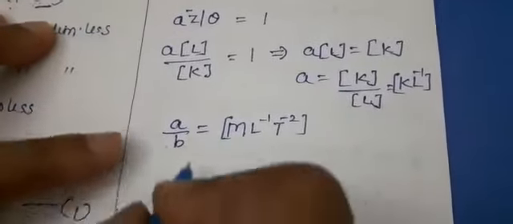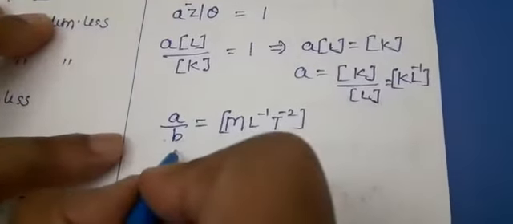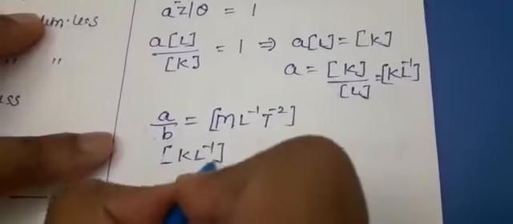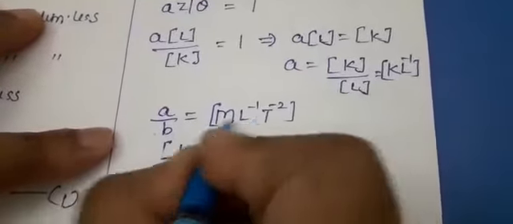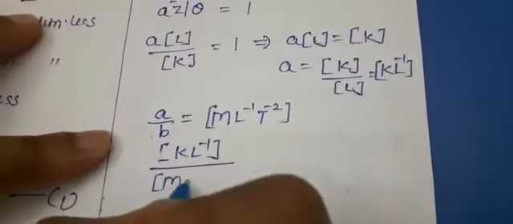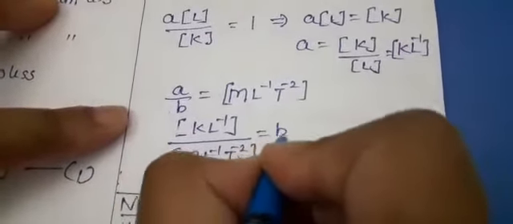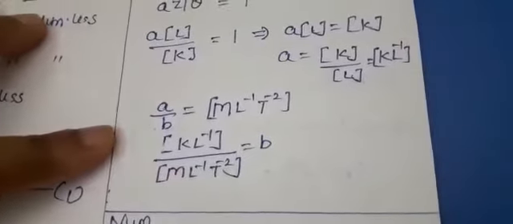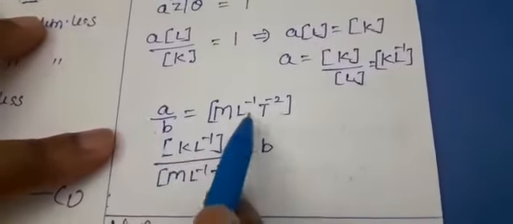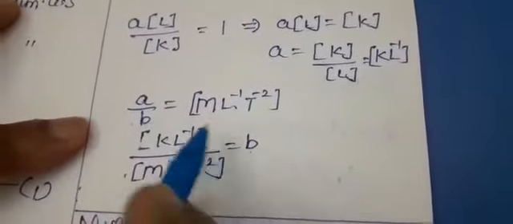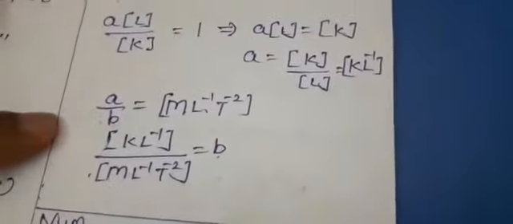Now you substitute the dimension formula of A here, K L minus 1 upon, cross multiplying, M L minus 1 T minus 2 and B in the numerator. See what we have done? We have just taken this term in the denominator and B in the numerator to directly calculate the dimension formula of B.